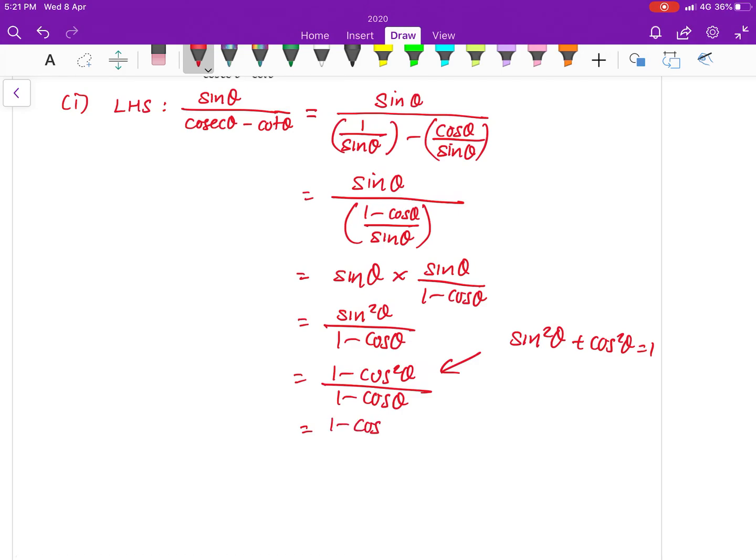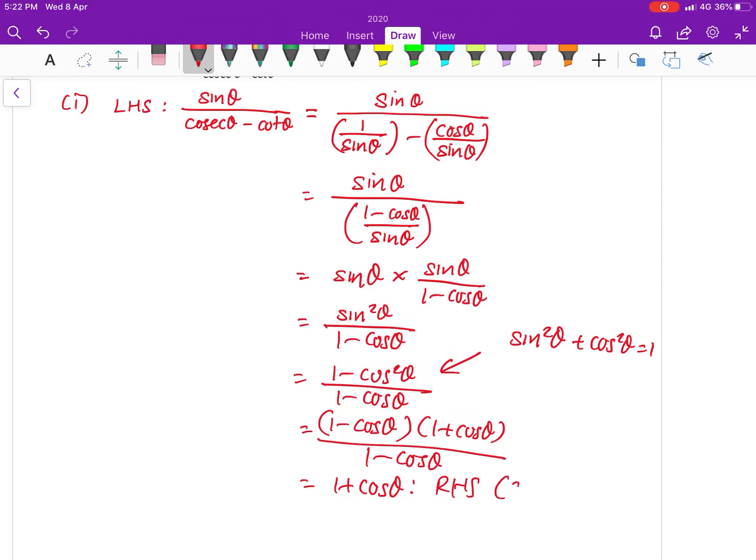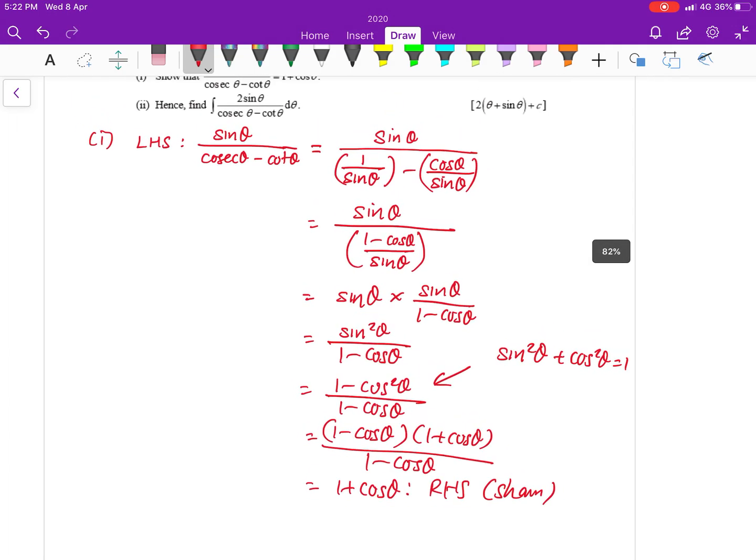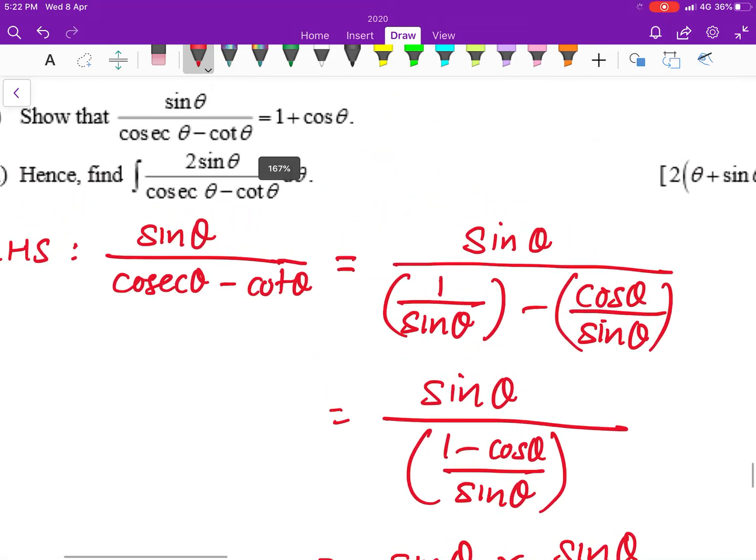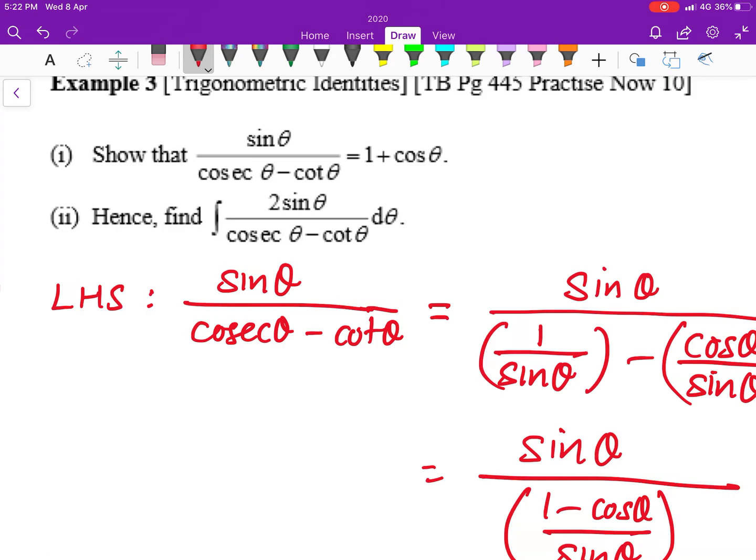And 1 minus cosine square theta is 1 minus cosine theta times 1 plus cosine theta, over 1 minus cosine theta. So cancel away, I'll get 1 plus cosine theta. This is my right hand side, and I've shown it. Right hand side shown. Okay, you may have some other method, but please use the correct trigo identity.